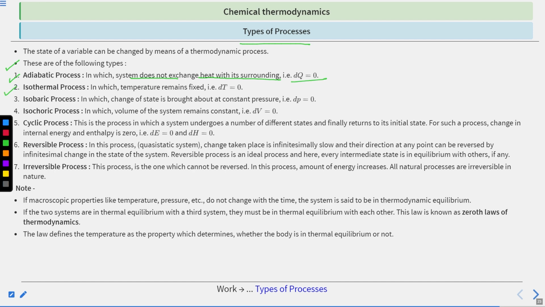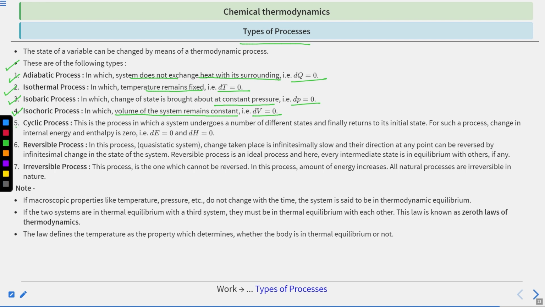In the isothermal process, the temperature remains fixed, that is, change in temperature is 0. Third, isobaric process, in which change of state is brought about at constant pressure, that is, change in pressure is 0. Fourth, isochoric process, in which the volume of the system remains constant, that is, change in volume is 0.